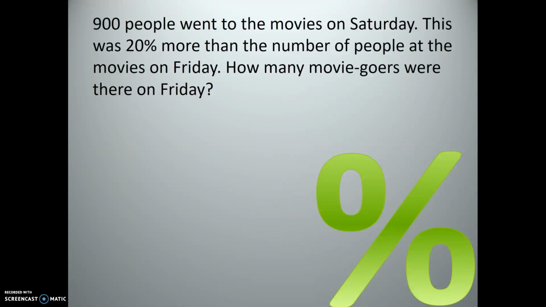Okay, 900 people went to the movies on Saturday. This was 20% more than the number of people at the movies on Friday. How many moviegoers were there on Friday? So let's draw our bar graph.